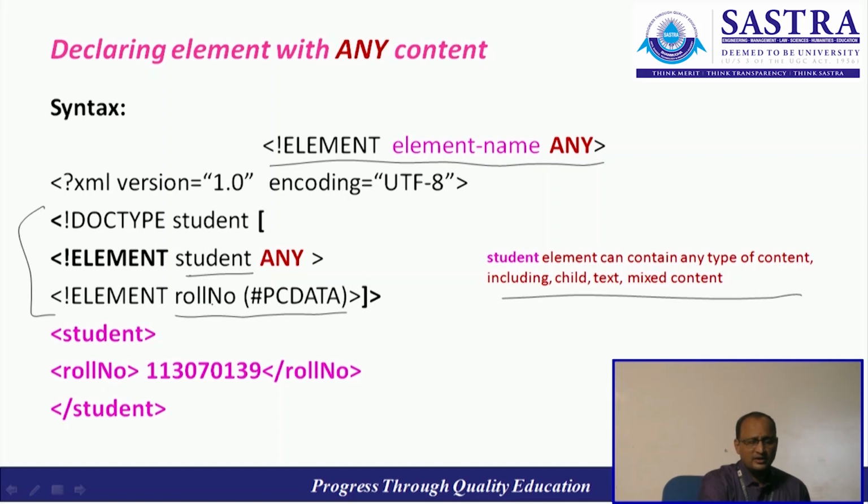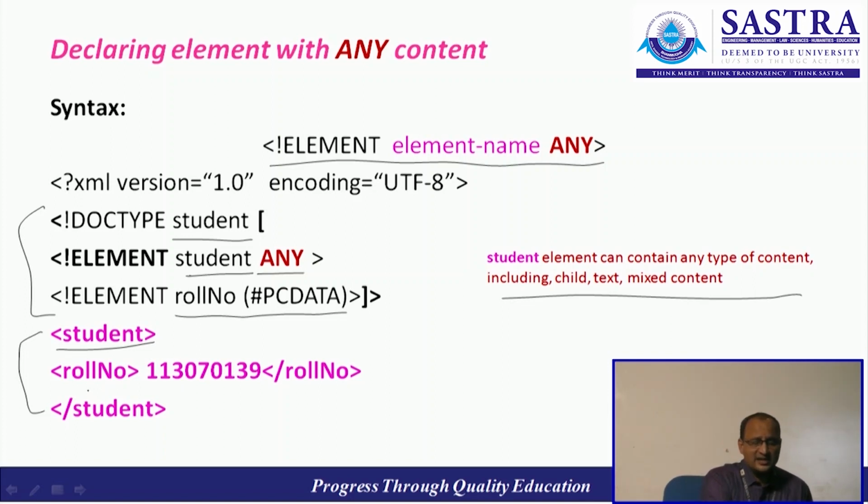I have created the student element. As per this, it should be the root tag for my XML document. So, student is the root tag, and student can carry any kind of child or any kind of content.